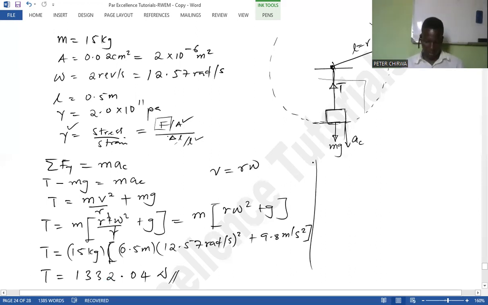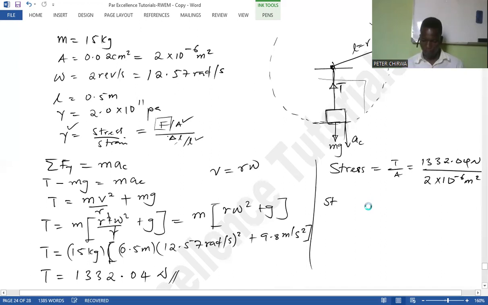So from here, we can get the stress. Since stress is force over area, which happens to be tension over area, it's going to be 1332.04 Newton over the area, which is 2 by 10 to the power negative 6 square meter.